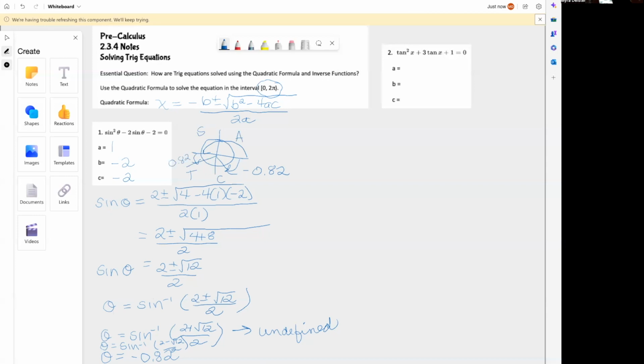So my other theta is pi plus 0.82, which is approximately 3.14 plus 0.82, which gives me 3.96. So these are my two answers for this equation.